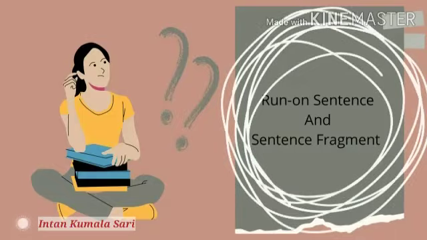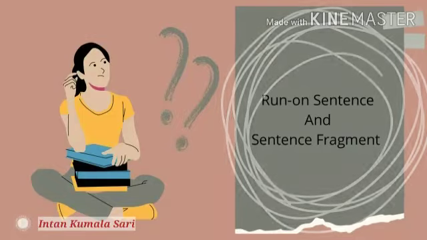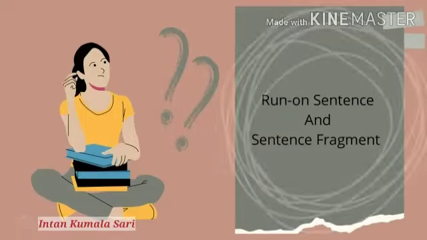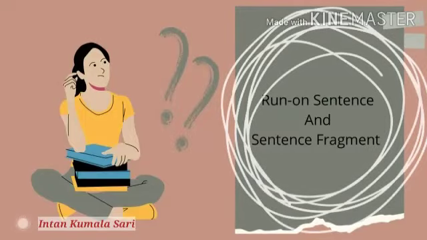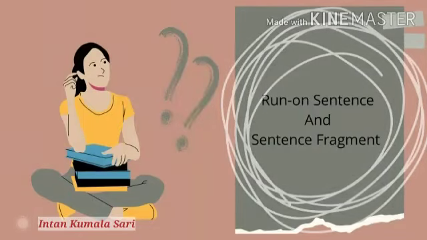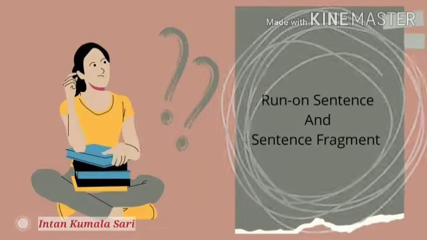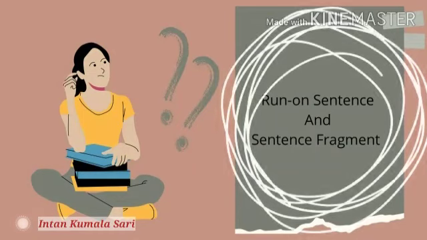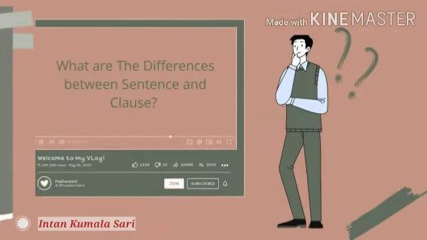It is an incomplete sentence but acts as if it were a complete sentence. For example, because I eat too much chocolate. Correction: remove because so that the meaning of the sentence becomes complete and better.